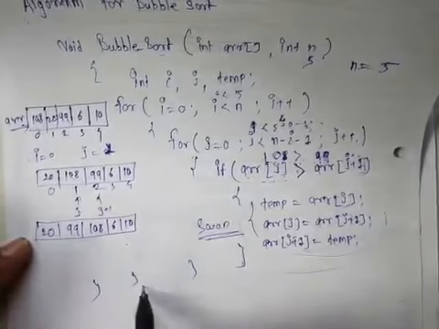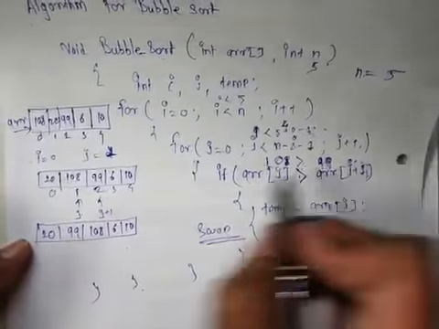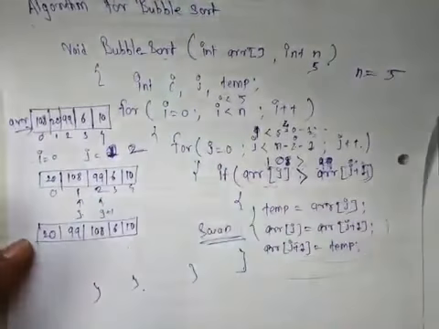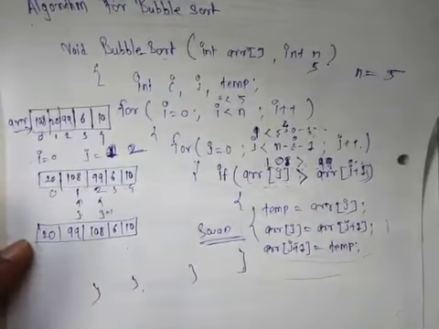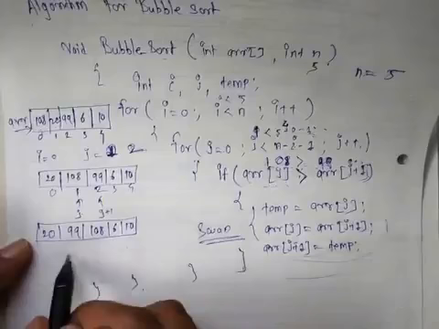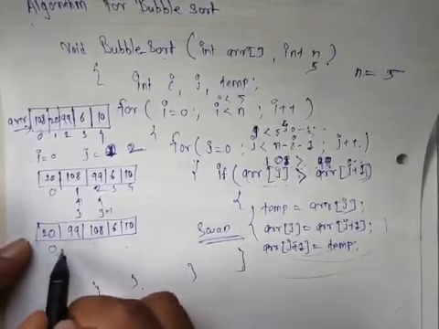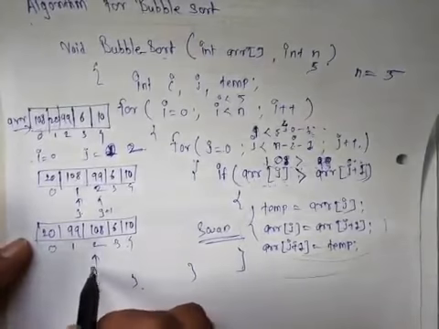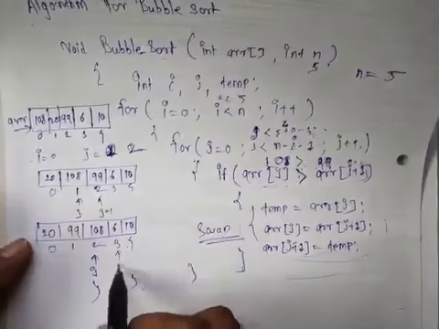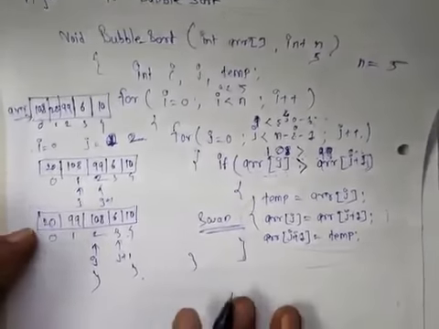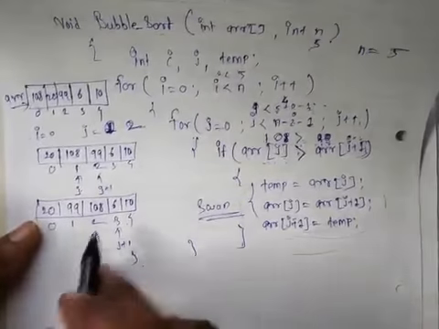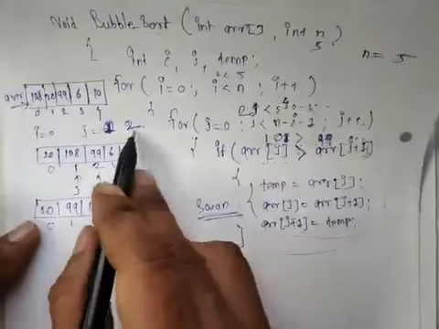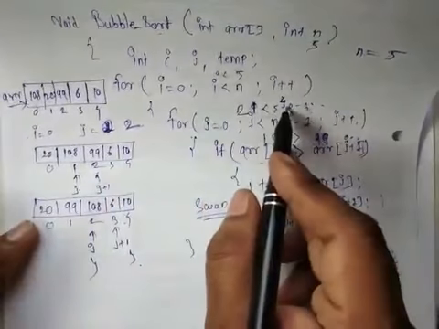Now end of the inner for loop, j plus plus. j's value changed to 2. So j will be pointing to index 2, with indices 0, 1, 2, 3, 4. So now your j is here, and this is j plus 1. What is j's value? That is 2. 2 is less than 4, condition satisfied.